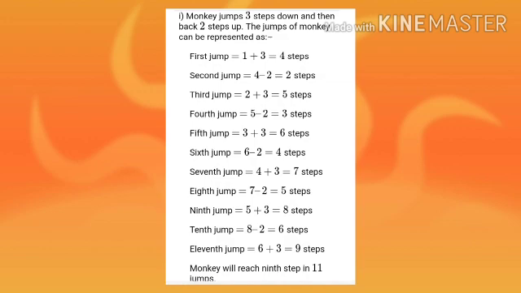Seventh jump, it is on the seventh step. Eighth jump, it is on step number 5. In the ninth jump, it is on the 8th step. 10th jump, it is on the 6th step. And in the 11th jump, it reaches the water level, which is step number 9. Therefore, the monkey will reach the 9th step in the 11th jump.